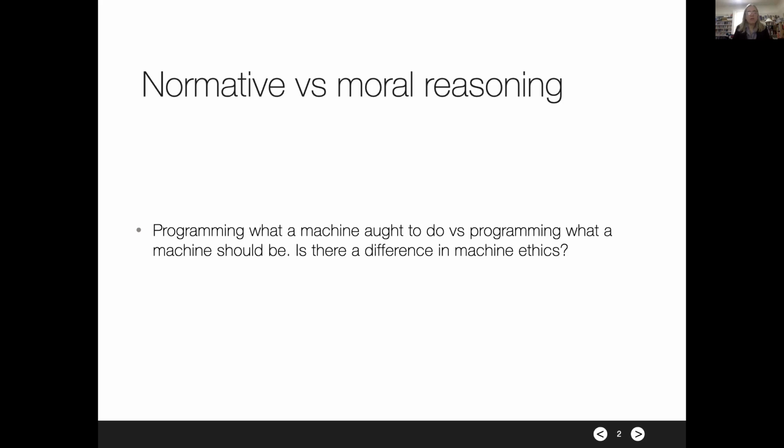I get uncomfortable with this kind of talk of what a machine should be. Joanna Bryson has written several things in which she is very clear that she believes a machine can never be a moral agent, this kind of full ethical agency, and that we should not try to make machines that are moral agents, because agency and responsibility should always lie with us, the people who programmed the machine, or programmed it to learn.